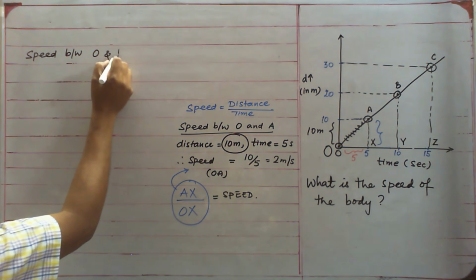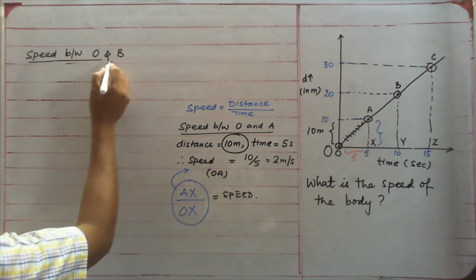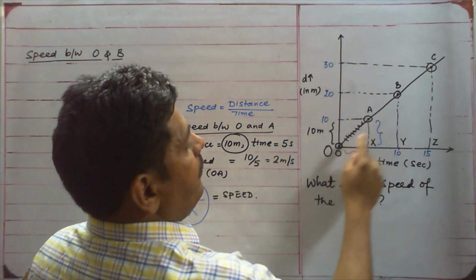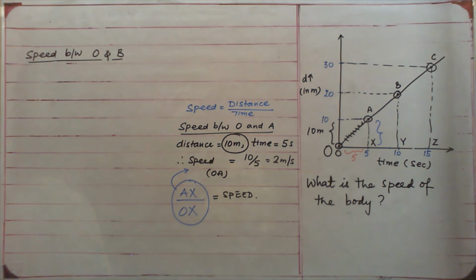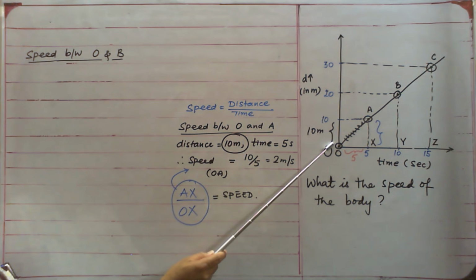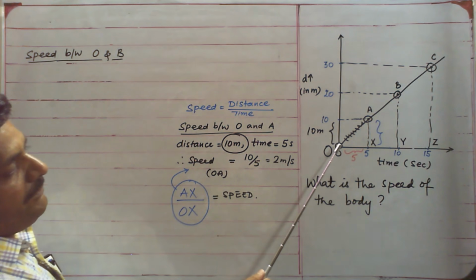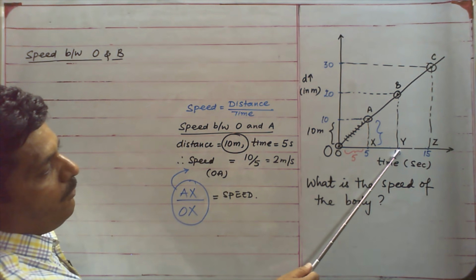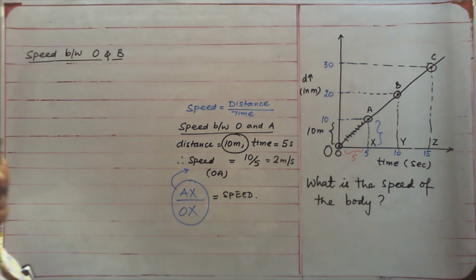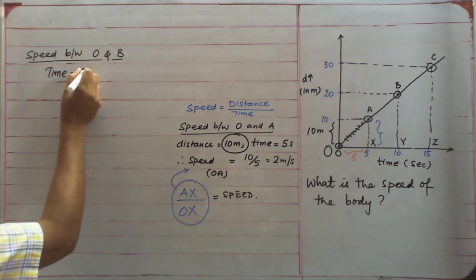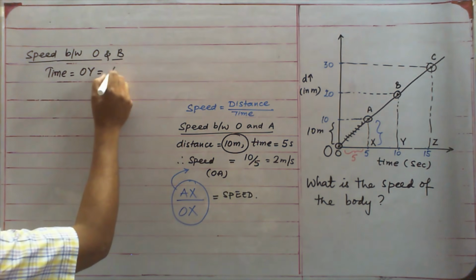So I need to find out the speed between O and point B. If you look at point O and point B, what is the distance travelled in this time? The time is O to Y, and this is nothing but 10 seconds.